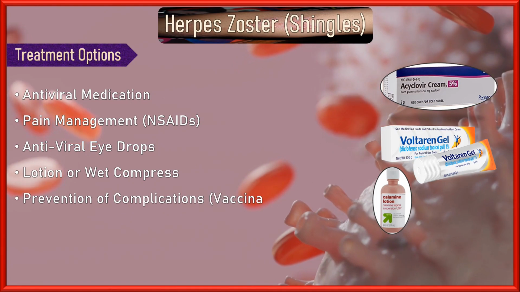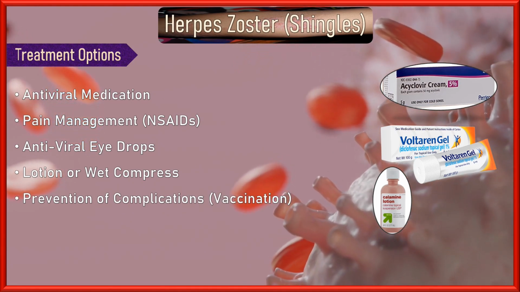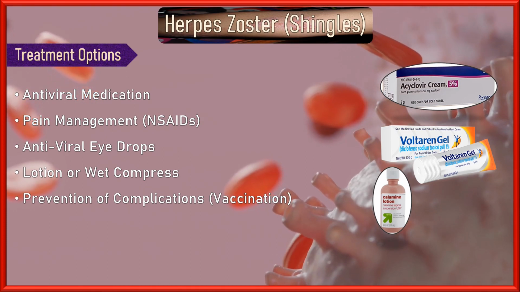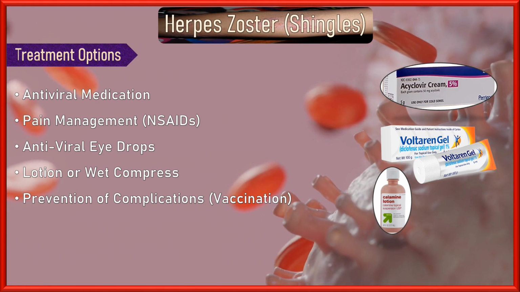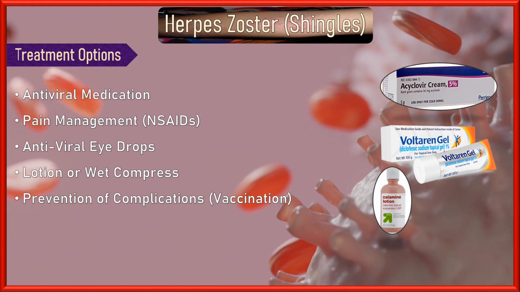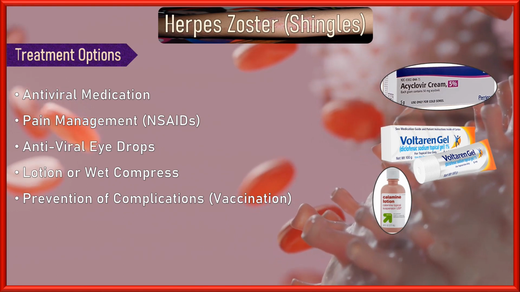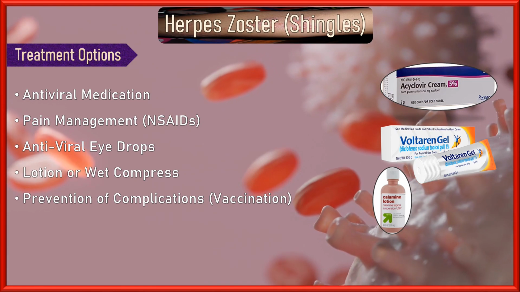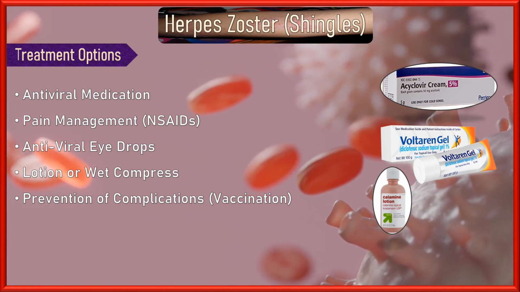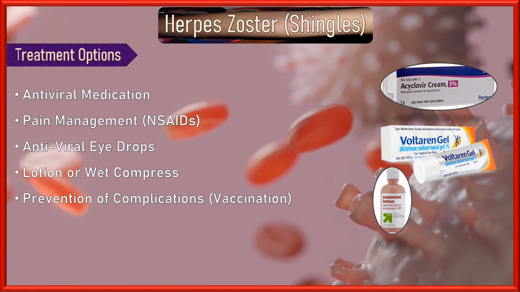Prevention of complications. In some cases, herpes zoster can lead to complications such as post-herpetic neuralgia, persistent nerve pain, bacterial skin infections, and eye-related problems. Vaccination, particularly with the herpes zoster vaccine, can reduce the risk of developing shingles or lessen the severity of symptoms if it does occur.